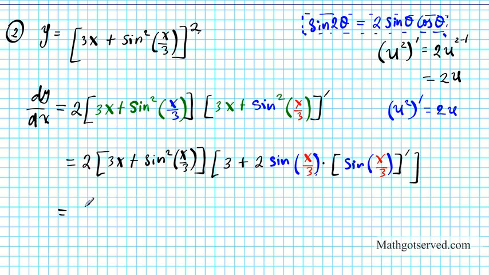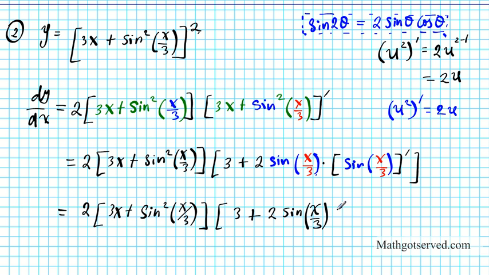We're going to have 2 times 3x plus sine squared x over 3, close that, times 3 plus 2 sine x over 3. The derivative of sine is cosine, so it's going to be cosine x over 3. Cosine of x over 3.